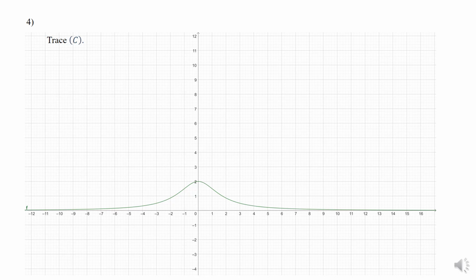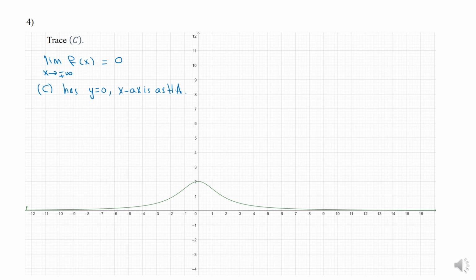Part 4, trace C the graph of f. Now from part 2, you know that the limit as x tends to minus or plus infinity of f of x is equal to 0, which means that C has y equals to 0 or the x-axis as horizontal asymptote.